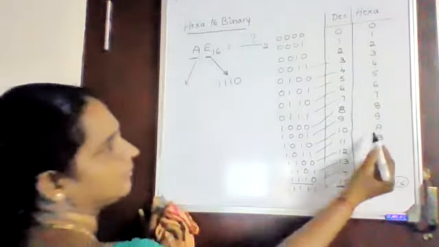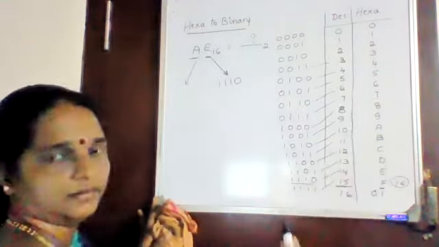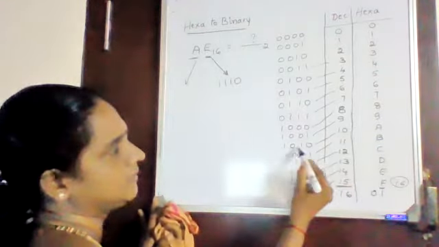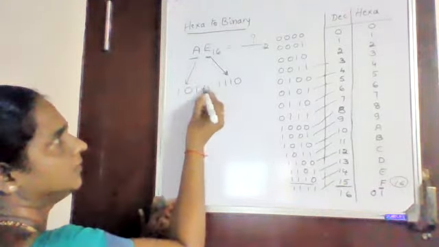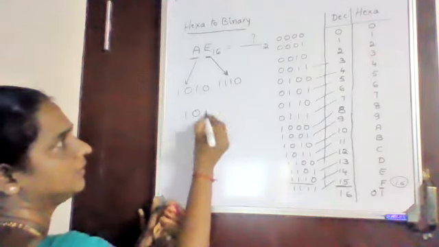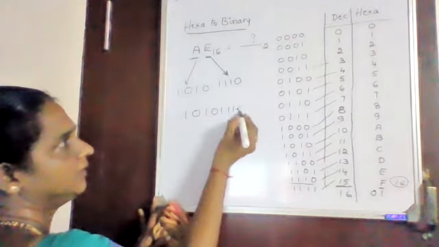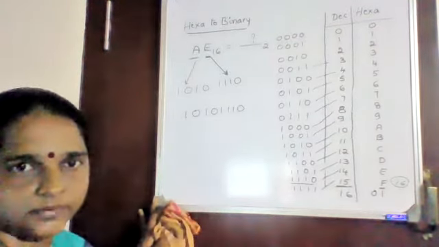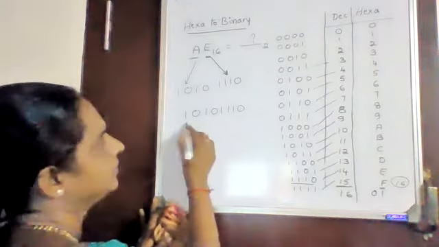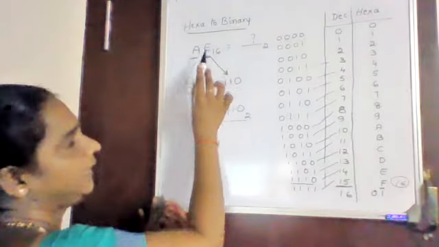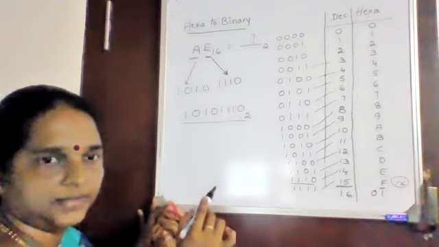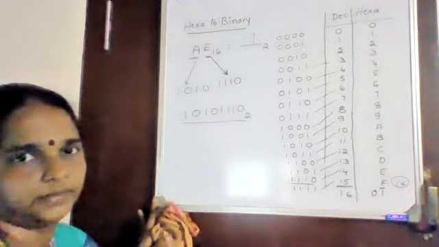A is nothing but 10, so 10 is 1010. Now combine these two, 1010 and 1110, all the leading zeros included. This is the equivalent value for hexadecimal AE in binary.